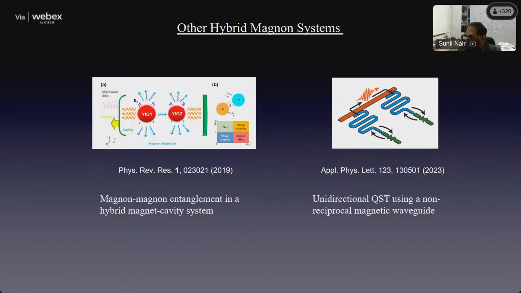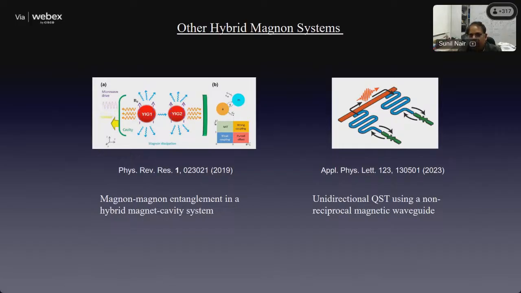Here are two other examples which are directly relevant to quantum technologies. People have shown, quite a few years back, magnon entanglement in a hybrid magnet cavity system. What they did was to create a microwave cavity using two YIG, yttrium iron garnet, spheres, and they made this into a coupled microwave driven cavity and showed magnon entanglement.